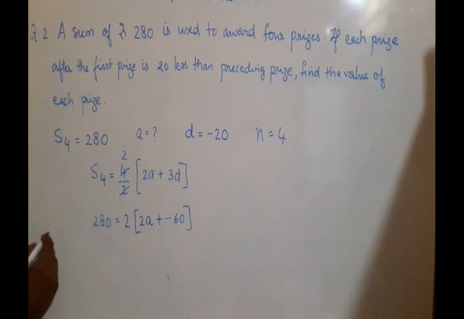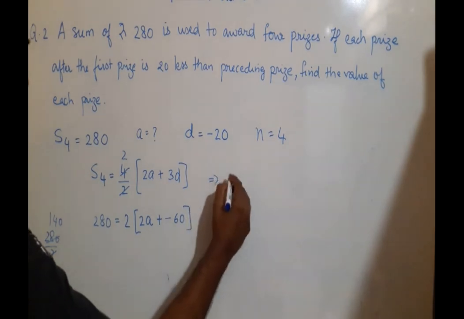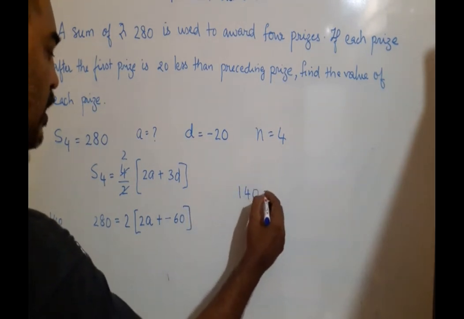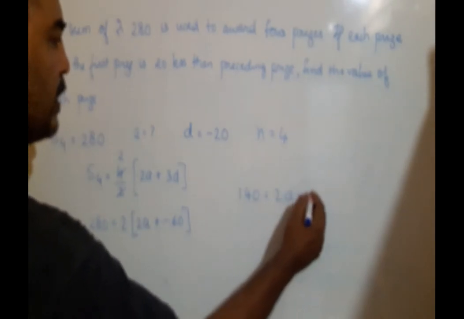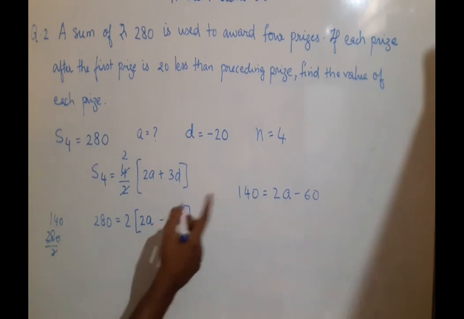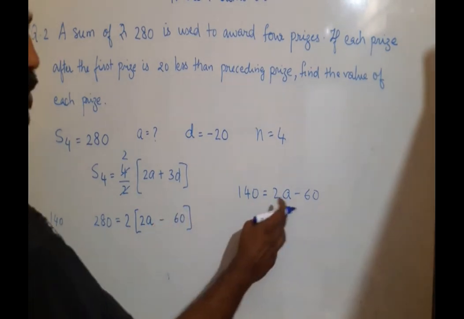So what is 280 upon 2? It is 140. So we'll write it separately: 140 equal to 2a minus 60. Sorry, plus minus is minus, so I'll keep it minus.